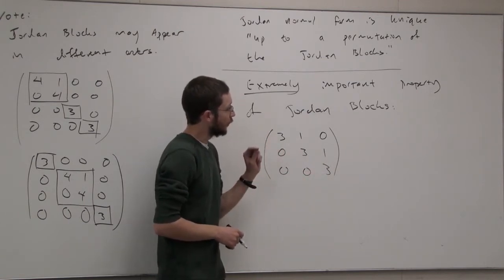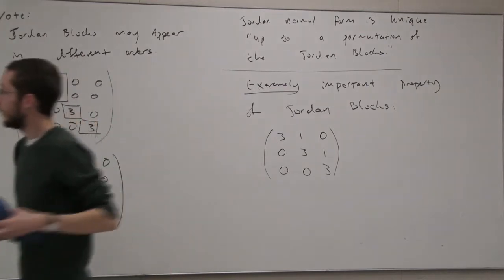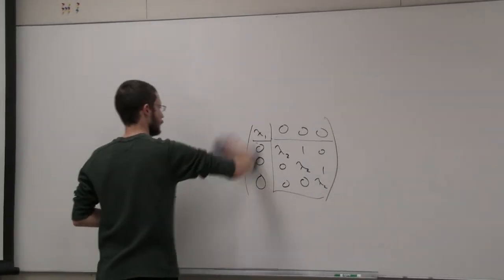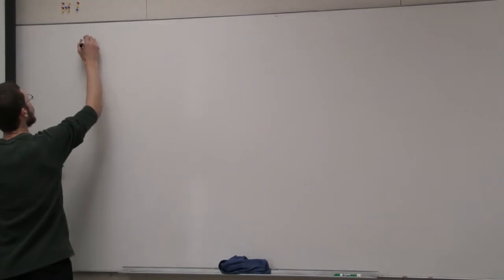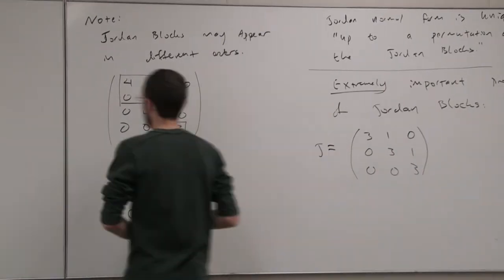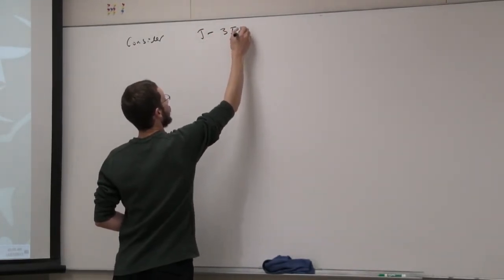What happens if we consider this matrix minus 3 times the identity? We'll call this J. And so what happens when we consider that Jordan block minus 3 times the identity?